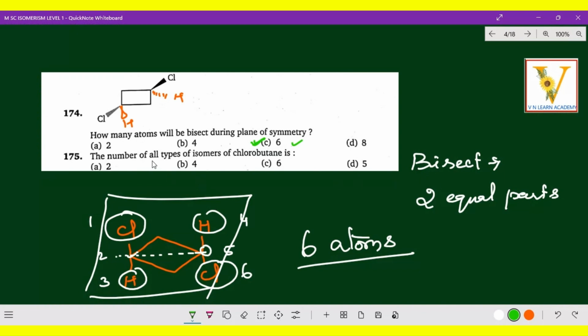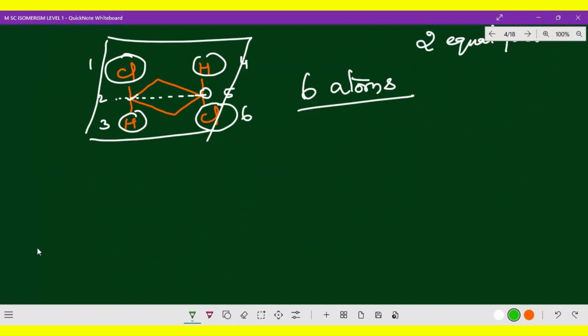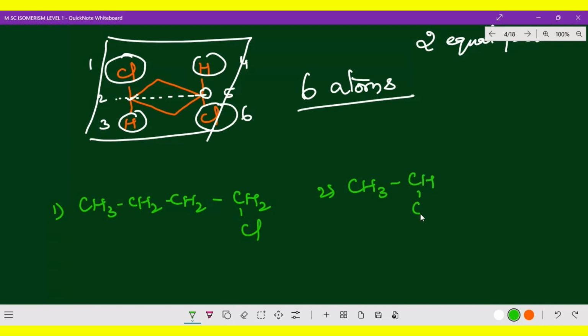The next one: the number of all types of chlorobutane. It's very simple. Do you know the formula of chlorobutane? They are asking for all types of isomers. Here CH3, CH2, CH2, CH2Cl. This is chlorobutane, this is one. The second one: CH3, CH, CH3, and CH2Cl.